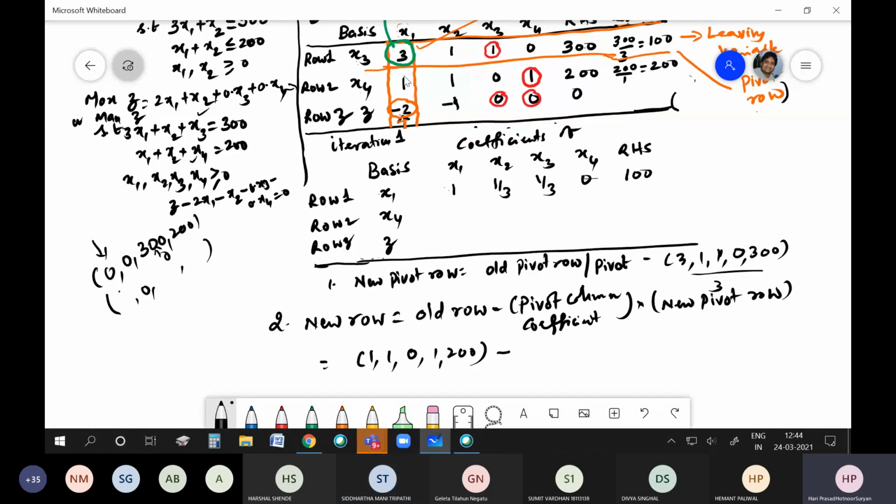This one, minus 1 into the new pivot row. What is the new pivot row? Yes, exactly: 1, 1 by 3, 1 by 3, 0, 100.